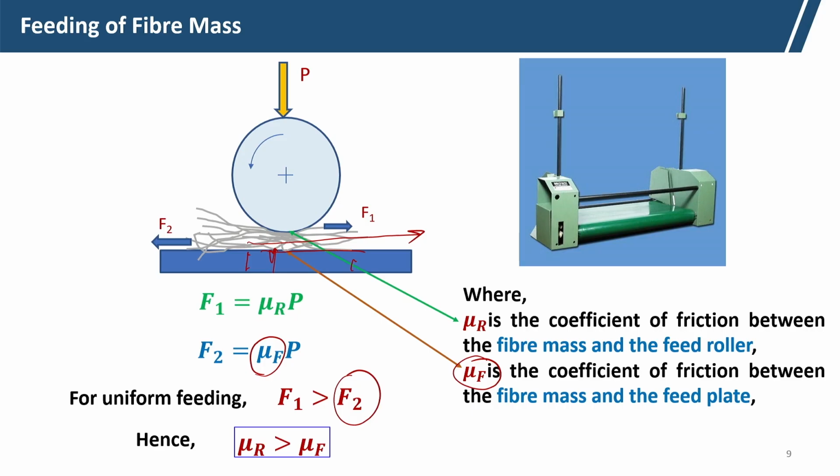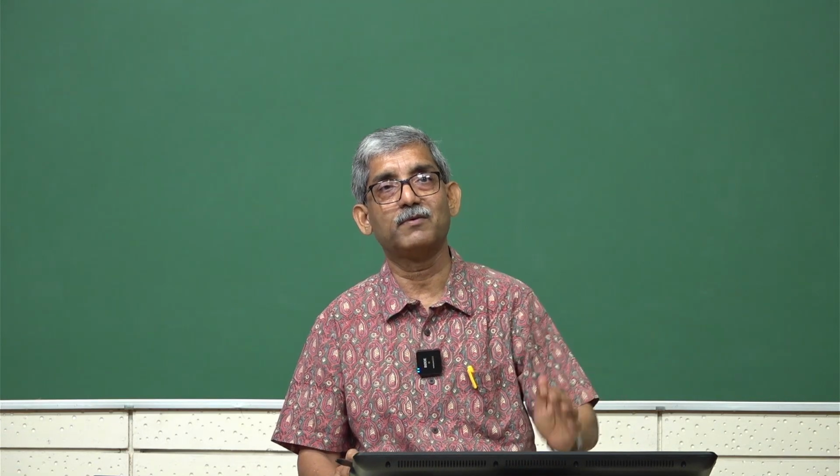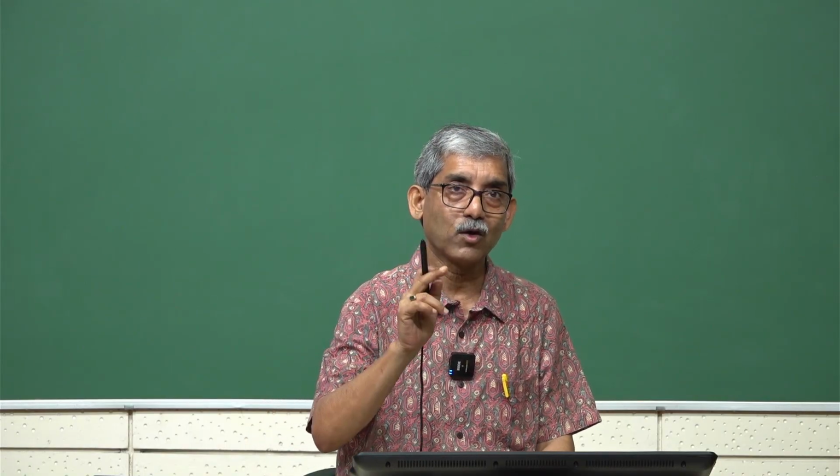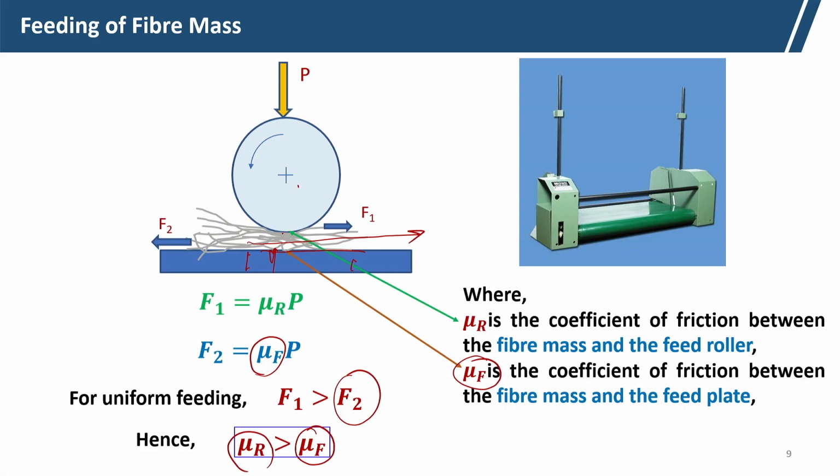Hence mu r should be more than mu f. Because P, the top roller pressure, is constant, we should maintain the coefficient of friction in such a fashion that the friction between the feed plate and fiber is lower than the friction between the feed roller and fiber surface. The feed roller surface is typically rough, with a higher frictional coefficient.